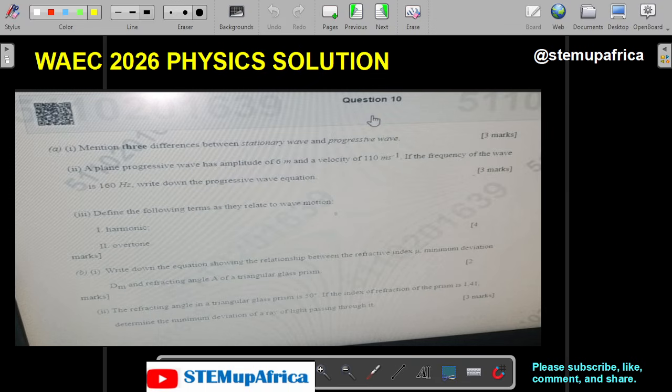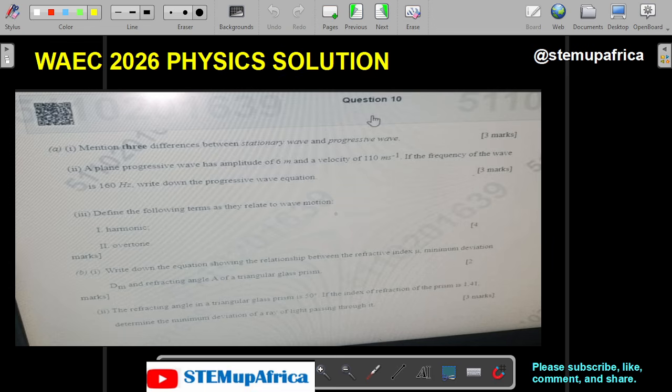So here is question 10. We are asked to mention three differences between stationary wave and progressive wave. So stationary is also called a standing wave, while progressive wave is also a traveling wave.